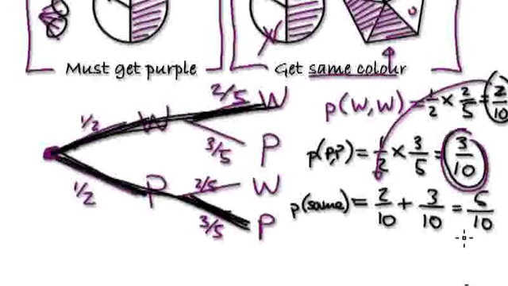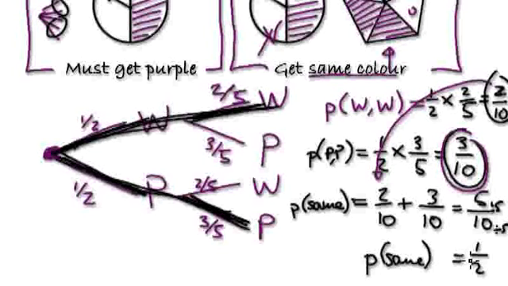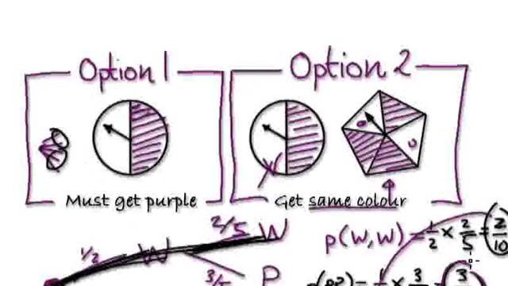Let's simplify that. The probability of getting the same would be 1 out of 2, because we're dividing top and bottom by 5. So the probability of same is a half. It turns out that it doesn't matter which option you choose to take.